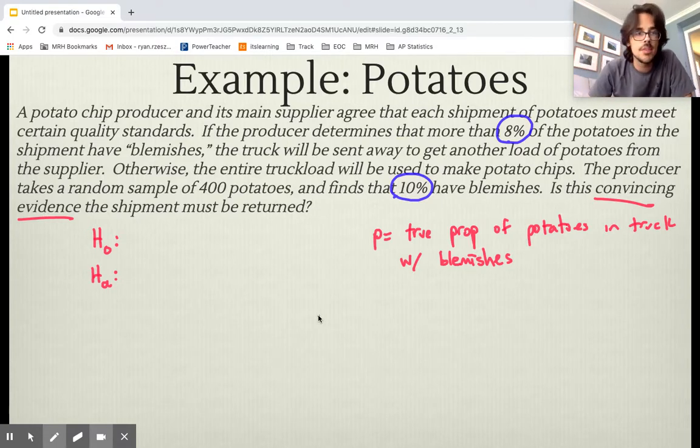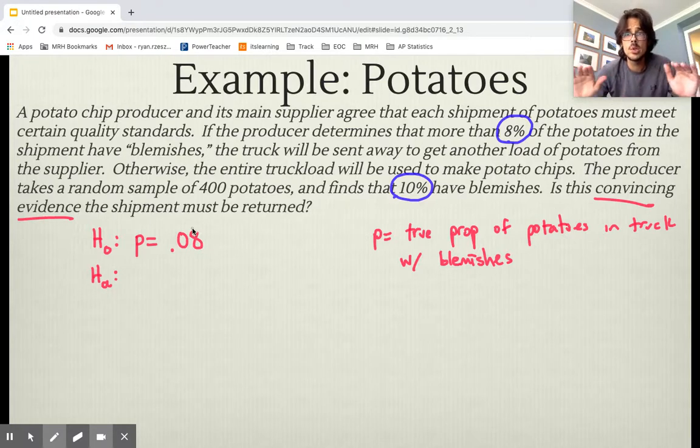So our null hypothesis in this problem is going to be status quo. We allow up to 0.08 of our potatoes to be bad. And if there was exactly 8%, we would let the truck on through. If you're a big manufacturer, you're not sending away tons of trucks.